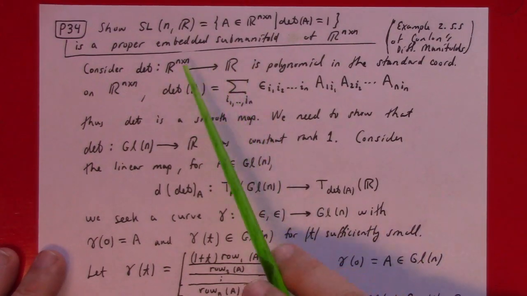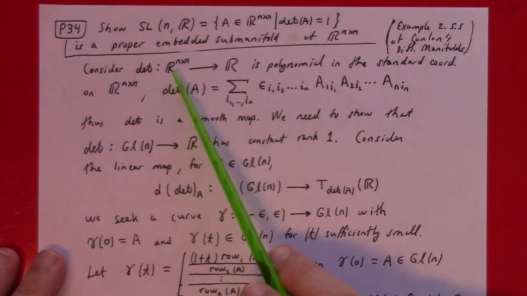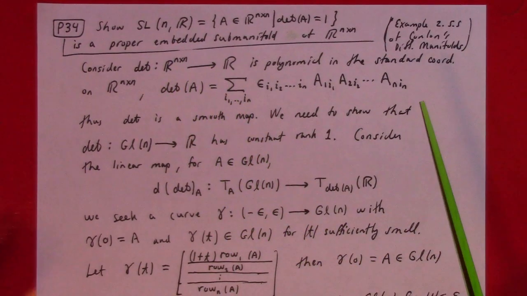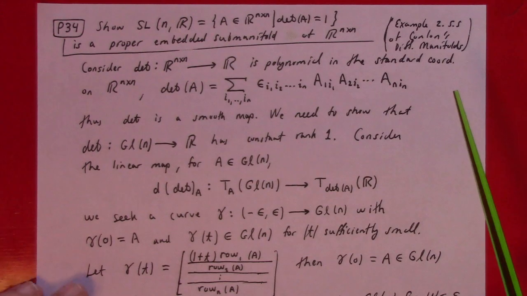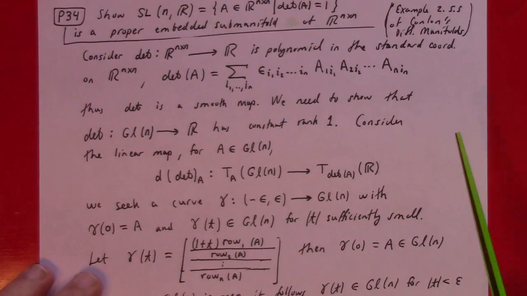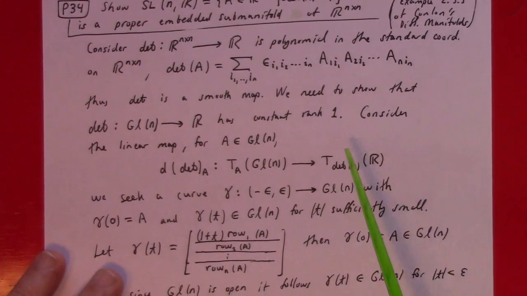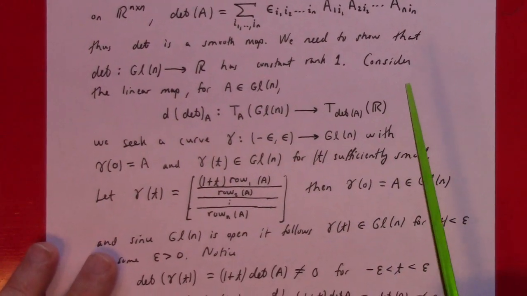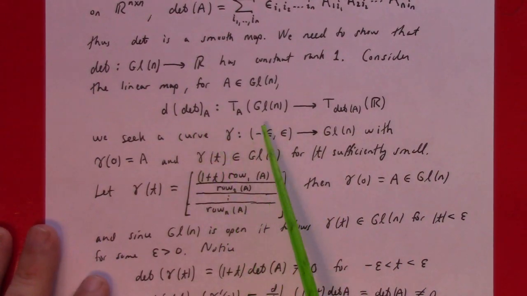If we can show that every point in the inverse image of 1 for the determinant is a regular value for this map, then we're good by the regular set theorem. So we need to show the determinant has constant rank 1, which means we need to calculate the differential of the determinant.